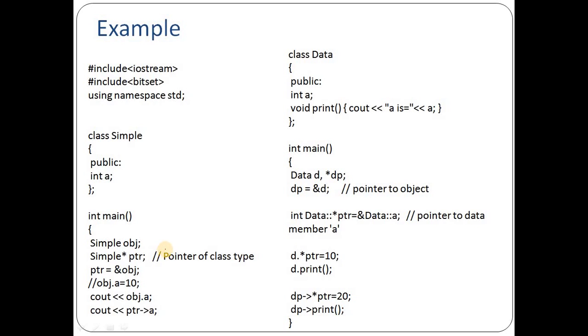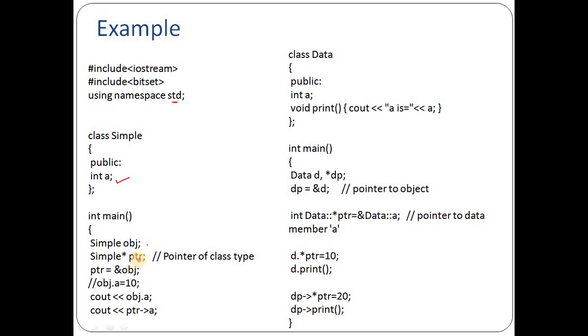In this example, we take a program with iostream included, and using namespace std, we are using the standard namespace here. In this class Sample, we only have a variable a, and in main we are creating an object of this Sample class.